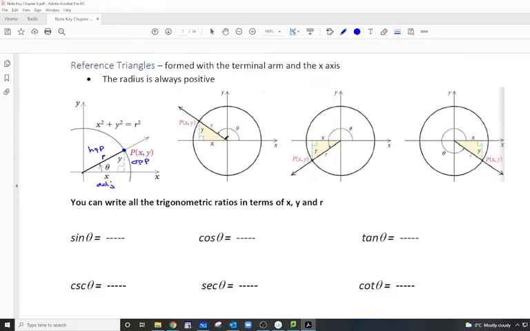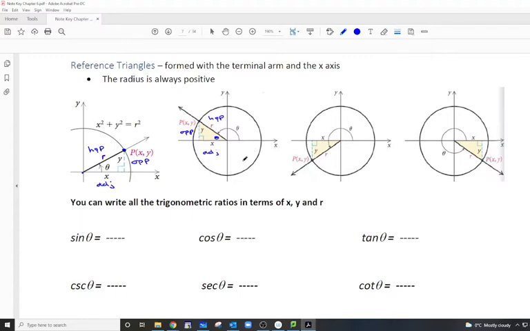Well, let's look into quadrant 2. Angle theta read in standard position is from the initial side to the terminal side, but we're actually going to be talking about angle theta being in here, because this is the reference triangle for that angle, and that angle is going to give you a value that's important in a bit. But from this angle, y is still my opposite, r is still my hypotenuse, and x is still my adjacent.